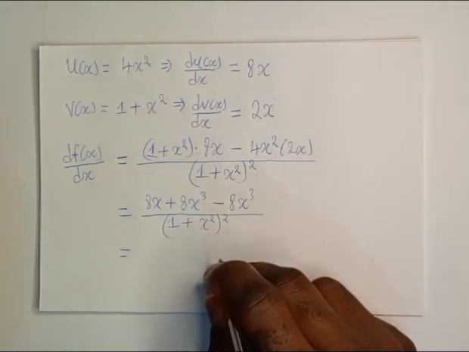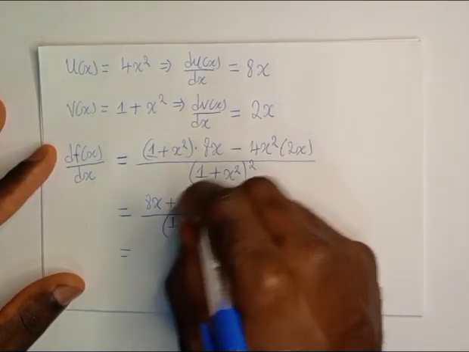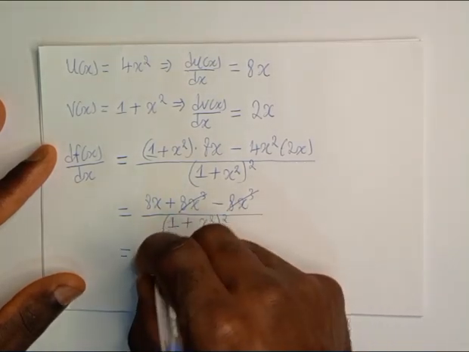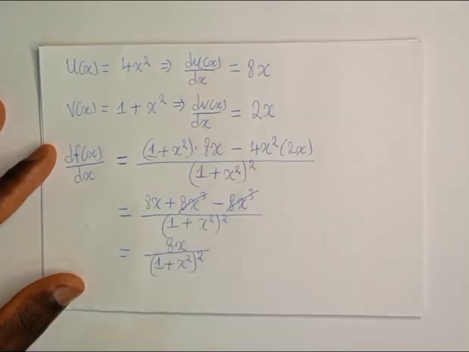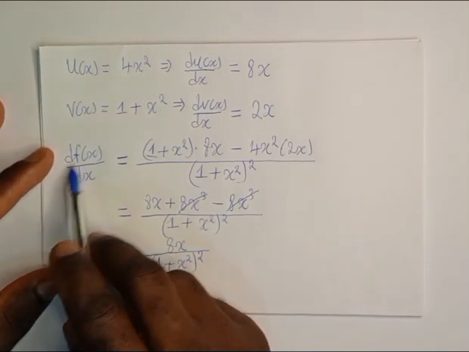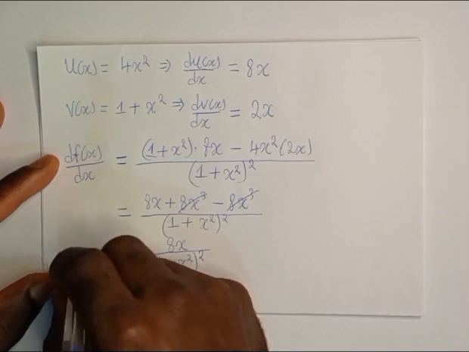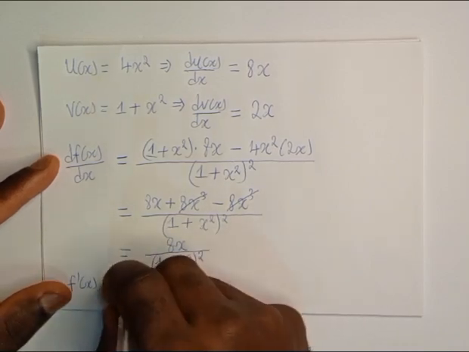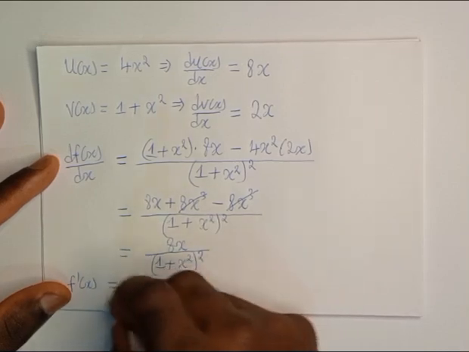This will simply be equal to, at the numerator, 8x cubed minus 8x cubed, this goes to 0. We'll be left with 8x over 1 plus x squared, all this squared. The df of x on dx is the same as f prime of x. This will give us f prime of x equal to 8x over 1 plus x squared, all this squared.